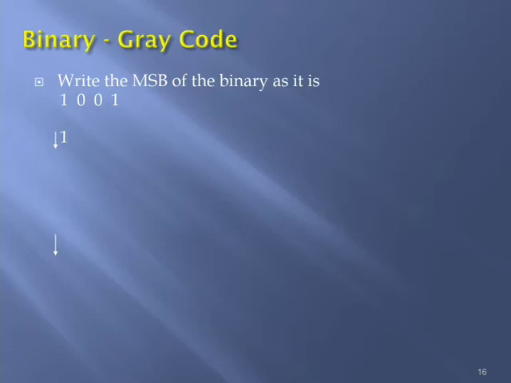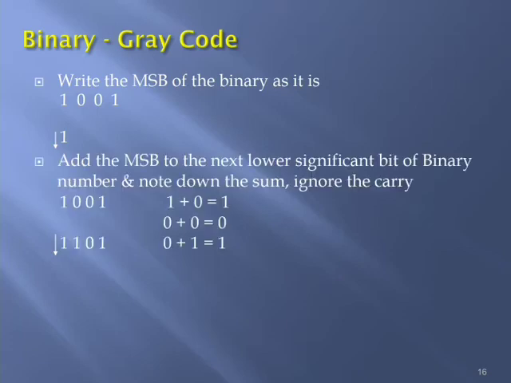First, whatever the MSB bit is in the binary number, that bit will be appended the same. Add the MSB to the next lower significant bit of the binary number and note down the sum and ignore the carry. So whatever the MSB bit is, I simply write as it is in the gray code as well.